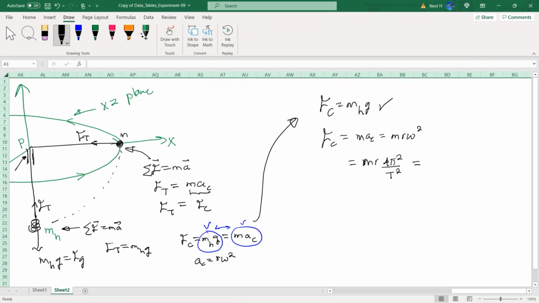Now this whole thing should be equal to m_h times the gravity. Now, if you look at it carefully here, there are three variables you can identify, right? Because we always like to see how many variables are in our physical experiment, and then we always like to make graphs to see how the variables relate to and behave with each other.